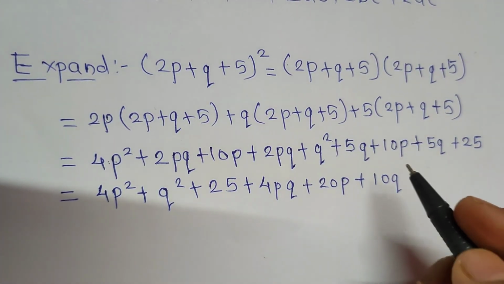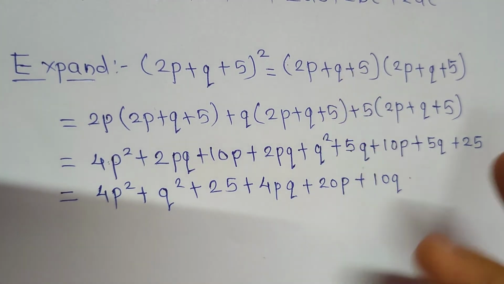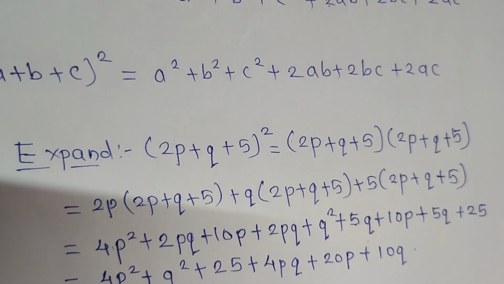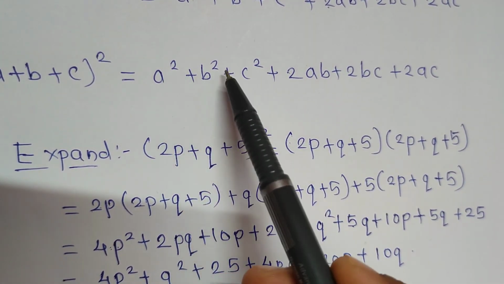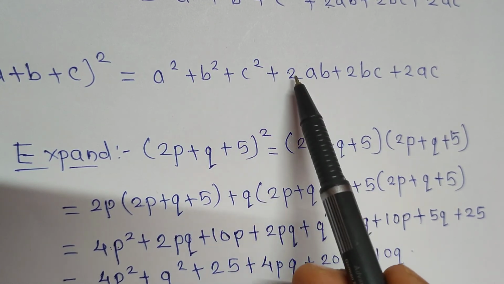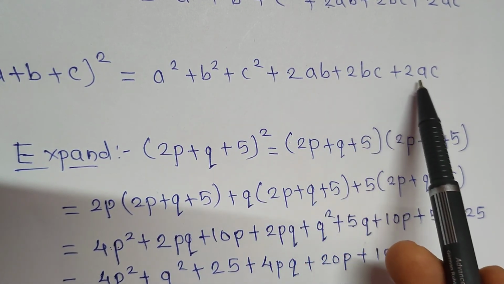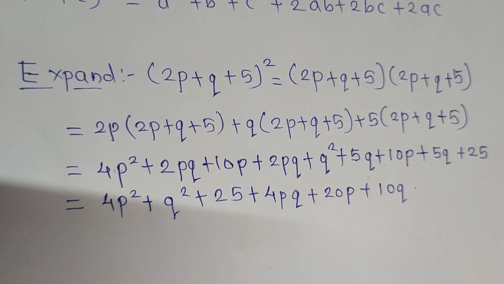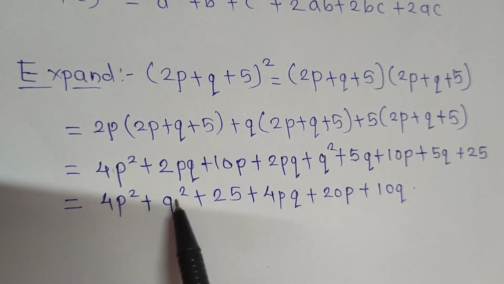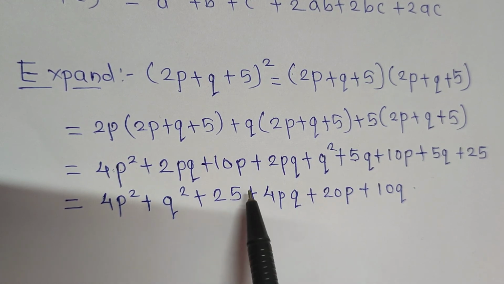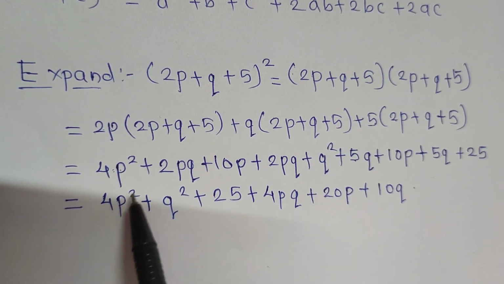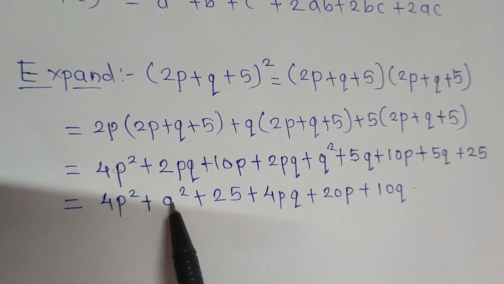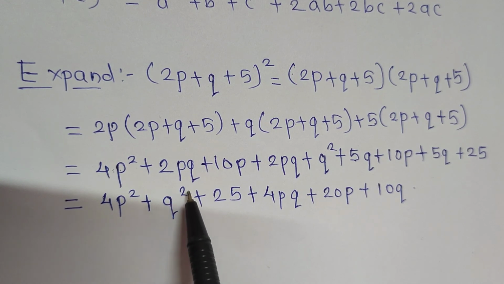See now, same like the earlier example in which we have studied the formula a square plus b square plus c square plus 2ab plus 2bc plus 2ac. Here also we are getting the answer in the same form. 4p square plus q square plus 25. Square of 2p is 4p square. Square of q is q square.